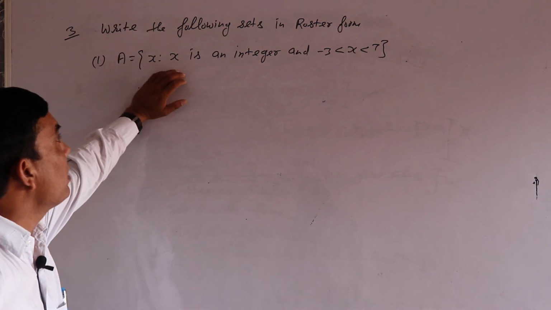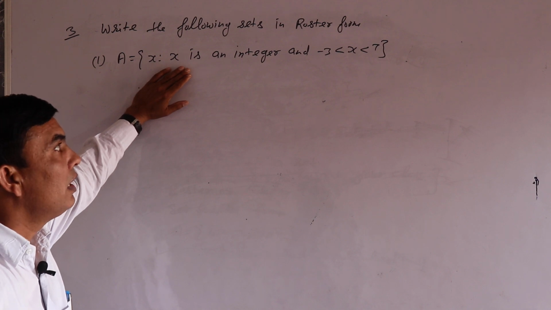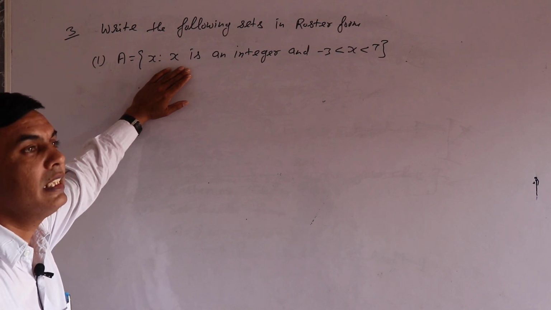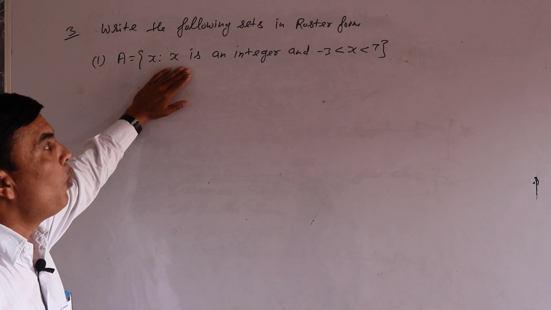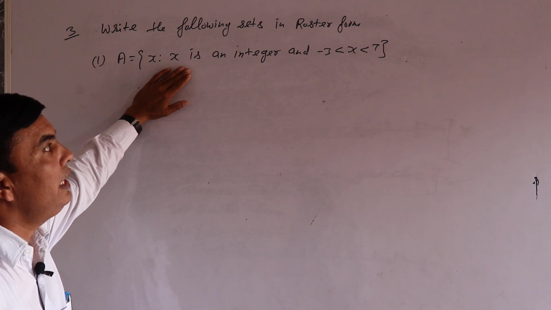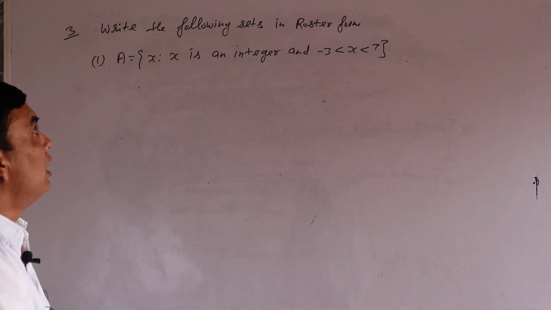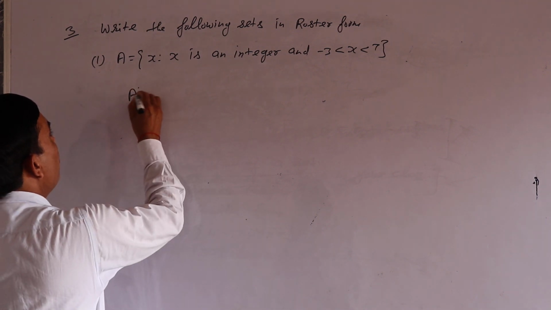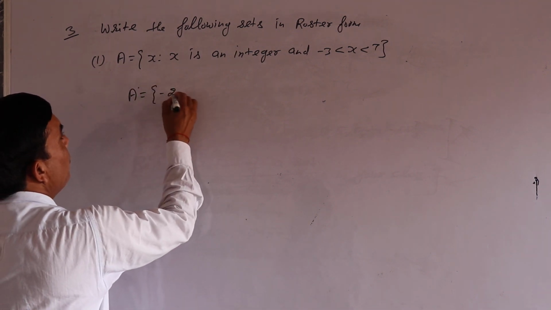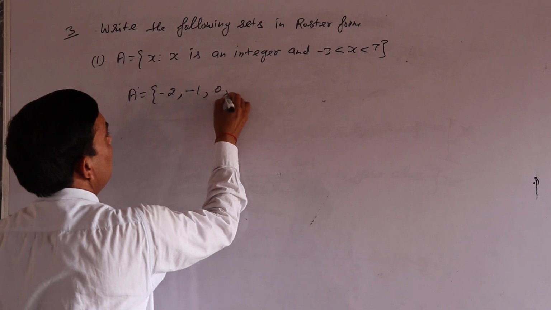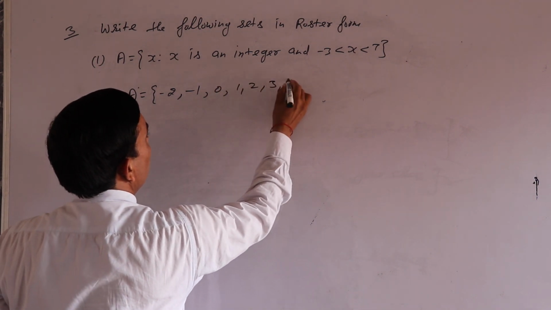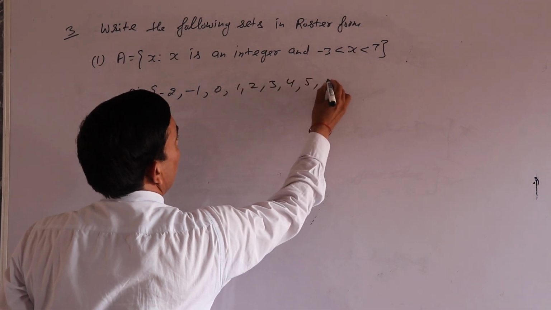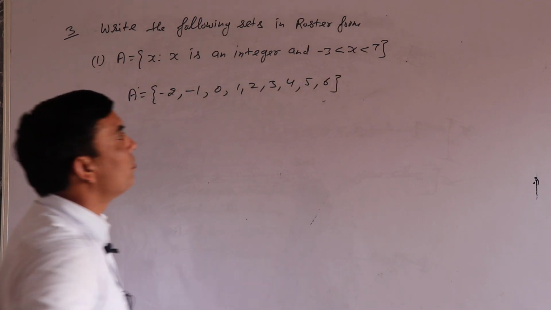So students, x is an integer, -3 < x < 7, the value of x is greater than -3 and less than 7. So we can write in roster form as -2, -1, 0, 1, 2, 3, 4, 5 and 6.